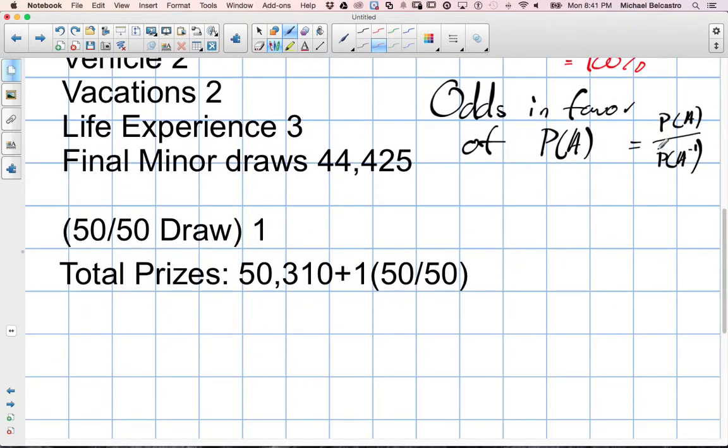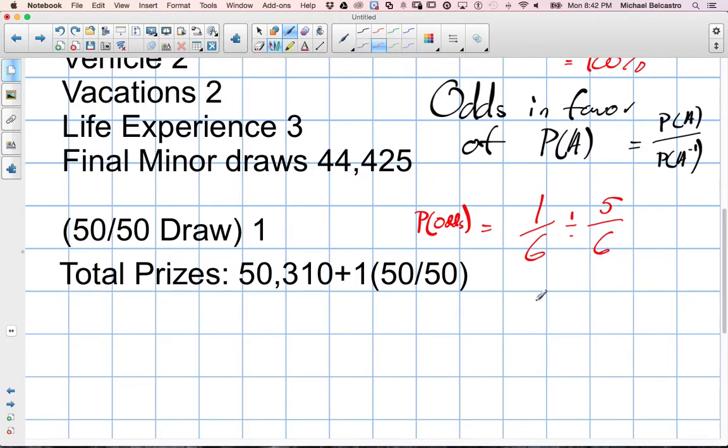Now, let's talk about that die again. The probability of A was 1 in 6, and this fraction means division, divided by 5 over 6. So that's the odds in favor of A: 1 over 6 divided by 5 over 6.